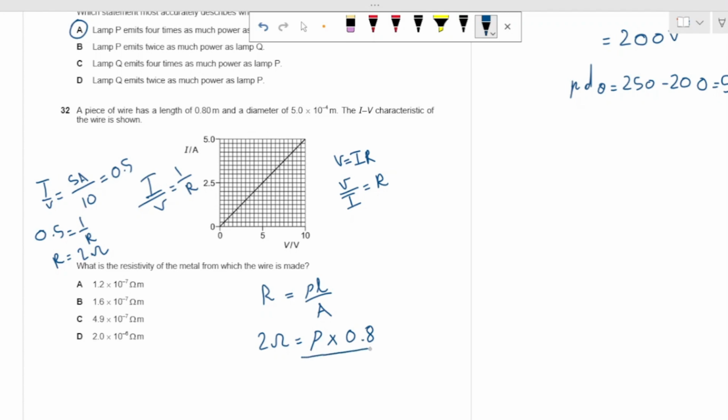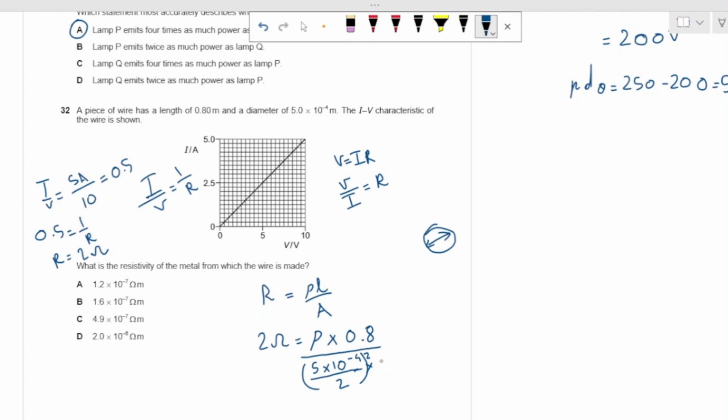Now make sure about the area. For a wire, assuming that it is perfectly like a cylinder, we are going to assume its cross-sectional area as a circle. The area of a circle is pi r squared. And in this case, we have the diameter, which is 5 into 10 to the power minus 4. This whole thing will be divided by 2 because it's the diameter, not the radius, and will also be squared.